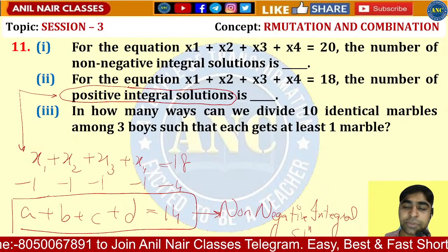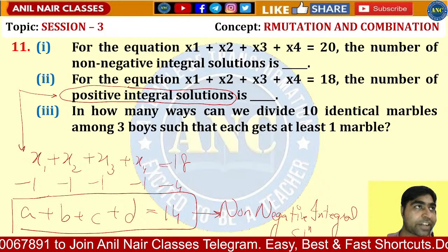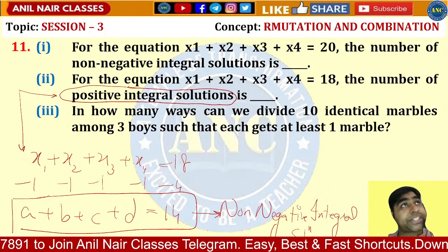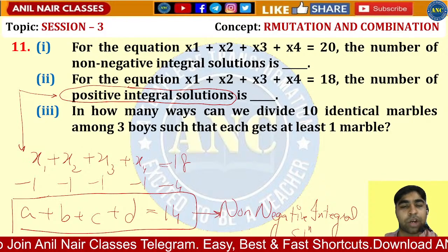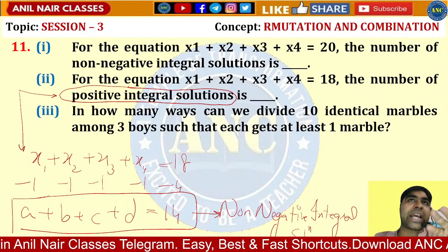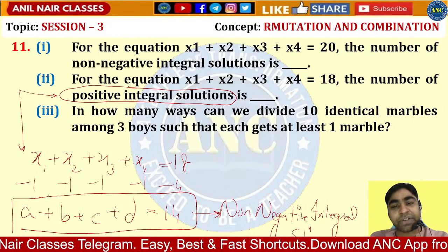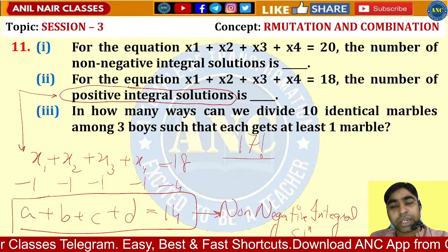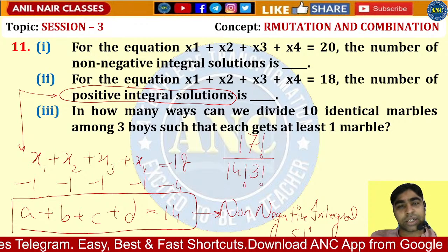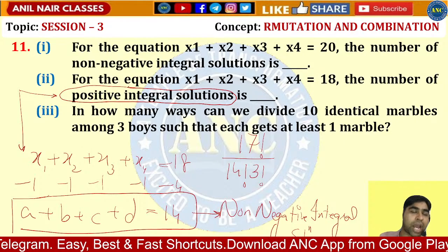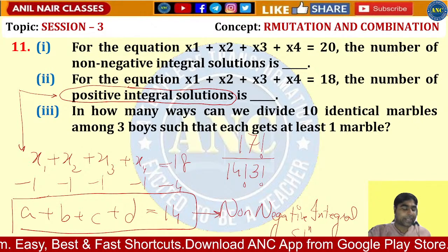Because guys, now if 1 is already given, even if a's value is 0, x1's value would be 0 plus 1. So now what would it become? 14 identical items, 3 partitions, so 14 plus 3, 17 factorial divided by 14 factorial into 3 factorial, because all the 14 items are identical and all the 3 partitions are identical in nature.